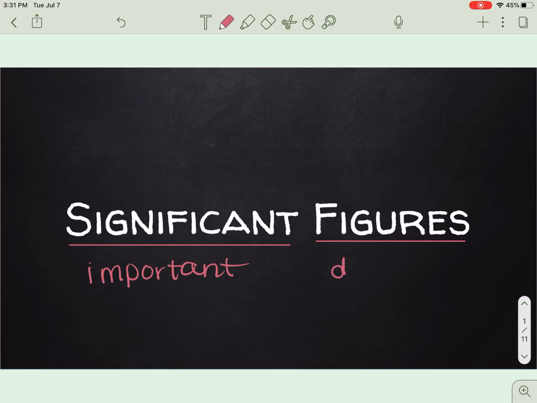It's talking about digits. So a digit, if you recall, if you have a number like 475, the number 475 has 3 digits, the 4, the 7, and the 5. So significant figures is talking about important digits.